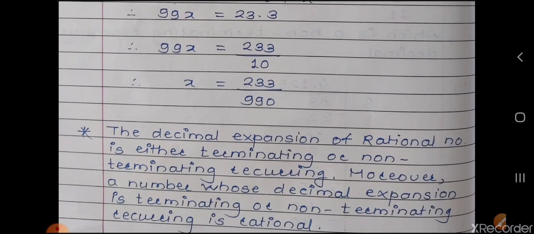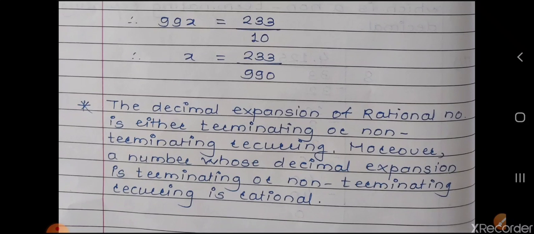Here note that the decimal expansion of a rational number is either terminating or non-terminating recurring.